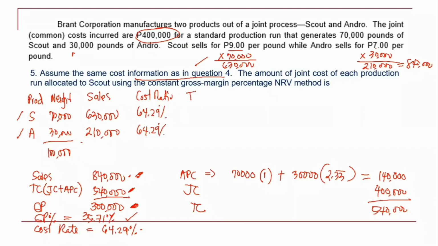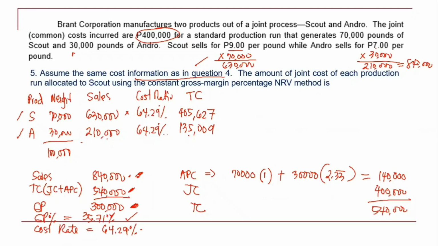Kaya naman, ang total cost mo in that case is 630 times 64.29%. Magkano yung total cost natin? That is 405,627. Ni-round off ko na lang po. And yung 210,000 times 64.29, that is 135,009.